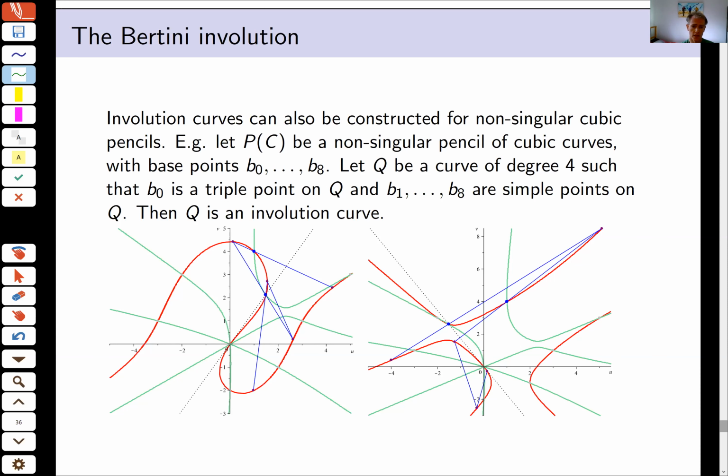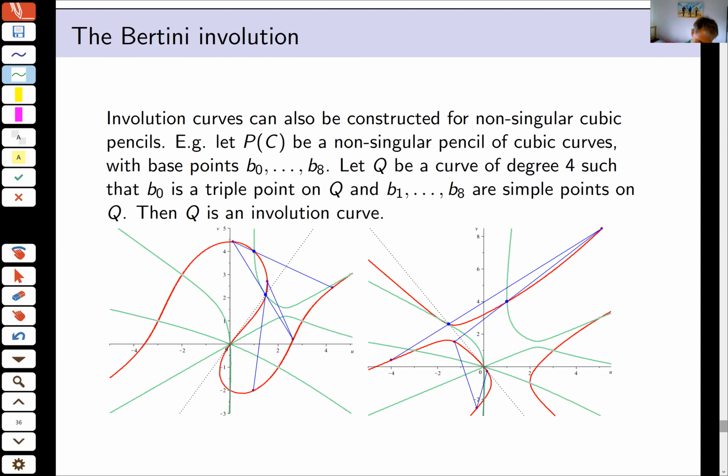So that is 1 less than 12, which is 3 times 4. So that all makes sense. This is an involution curve. The special thing about this one is that if you look at the tangent at the triple point, and you can see that in the pictures, that will intersect each curve in the involution point.